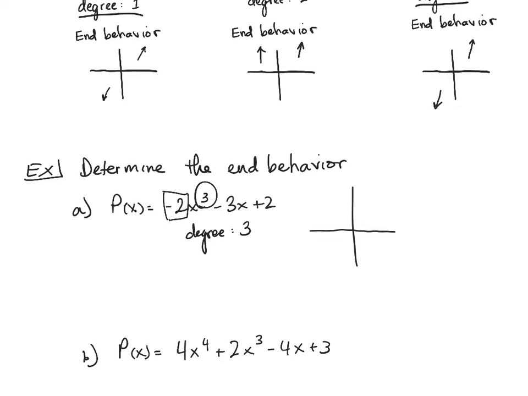So because we have that negative leading coefficient, I know that the left side is going up to positive infinity and the right side is going down to negative infinity. So the way we would describe that is x approaches infinity, y approaches negative infinity over here on this side. And then over here, x approaches negative infinity, y approaches positive infinity. So that's how you would describe the end behavior there.